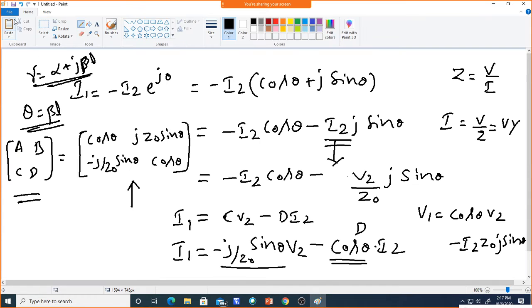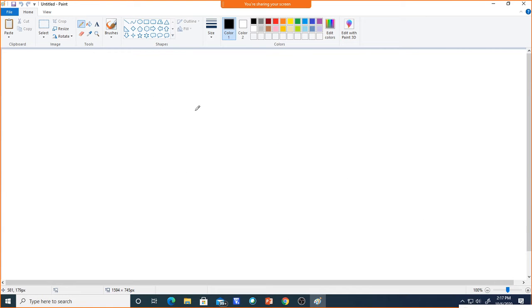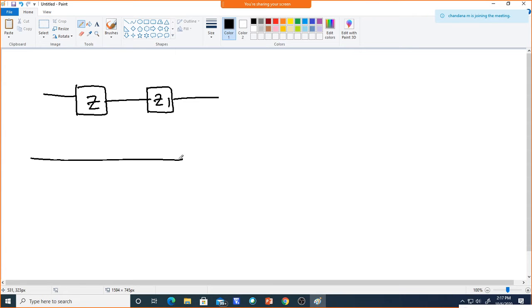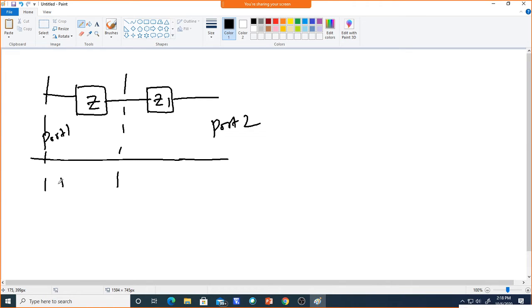That is like we have taken two impedances and seen how we can multiply them. This is Z, and this is Z1. If this is port 1 and this is port 2, then you divide the network into one two-port network and another two-port network. Multiply the corresponding ABCD parameters.